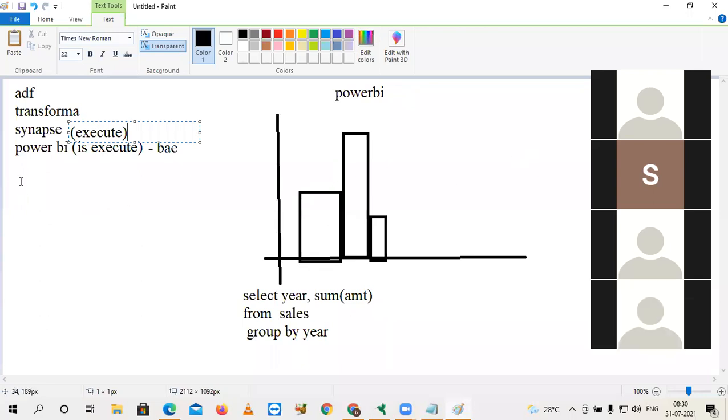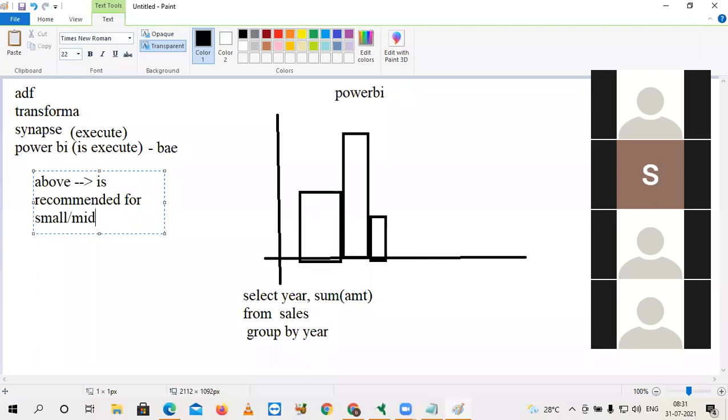So Synapse will again perform the query and then store it again in Synapse only. Okay. So my above flow is recommended for small or medium volumes.